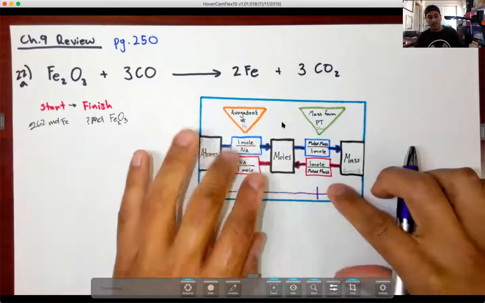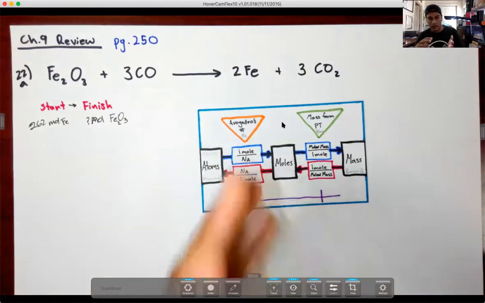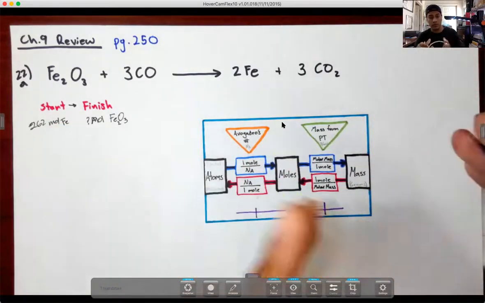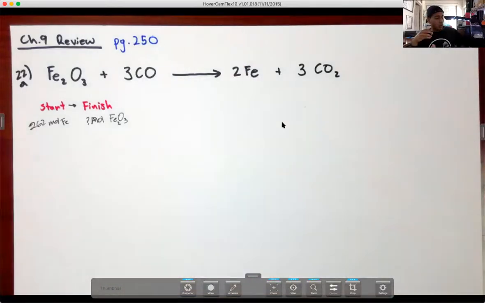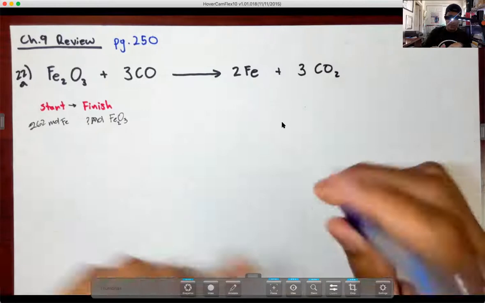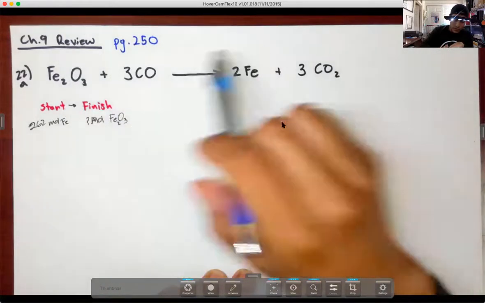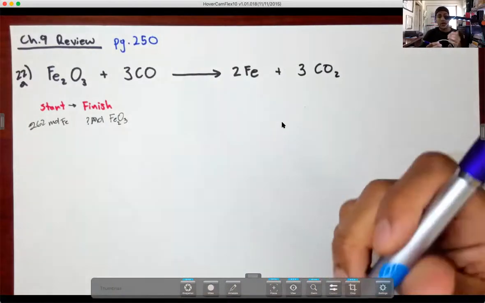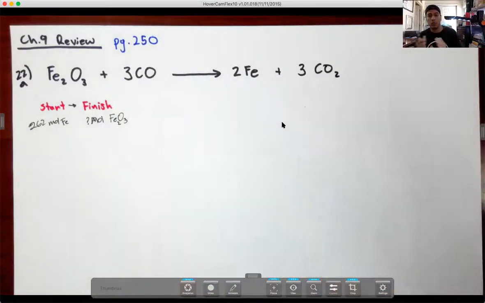So this is not going to cut it, because here we're just converting between one type of molecule or one type of atom. What we need to figure out is how many moles of this is needed to produce this. The way that we do that is by using the mole to mole ratio.